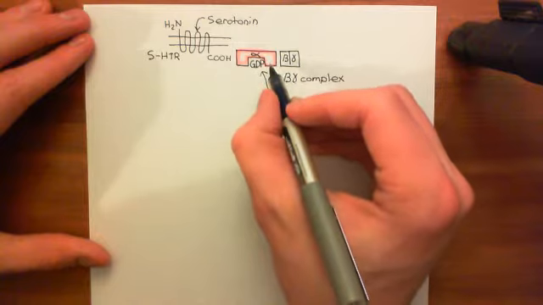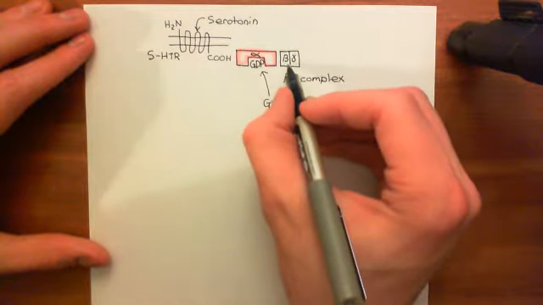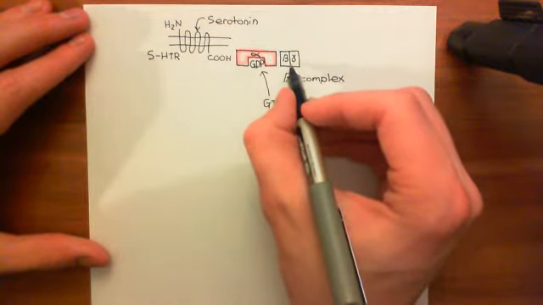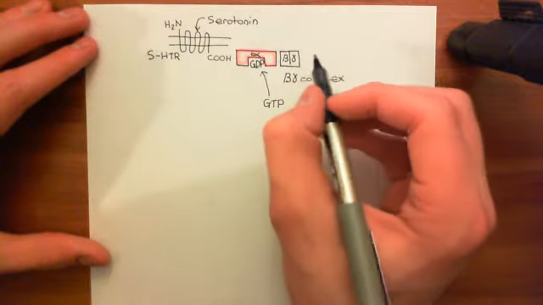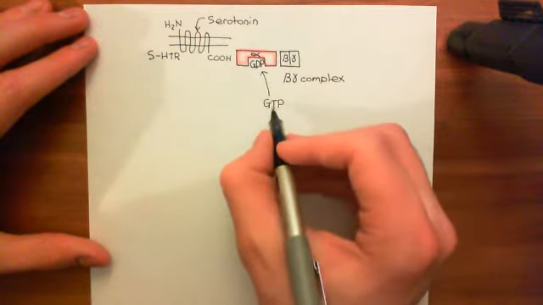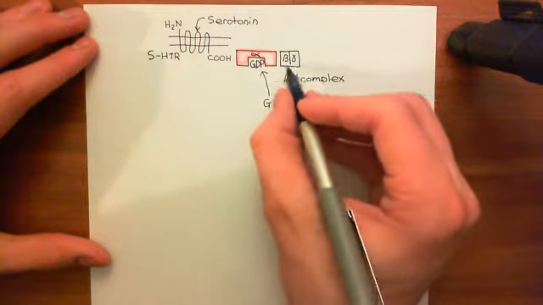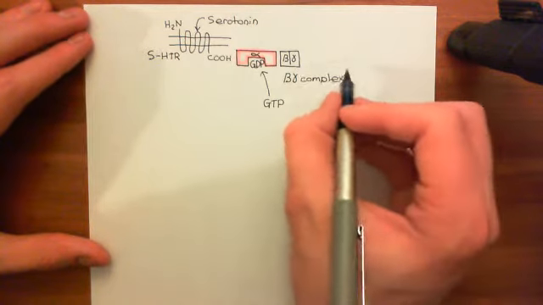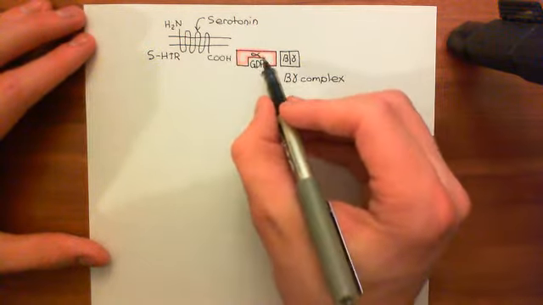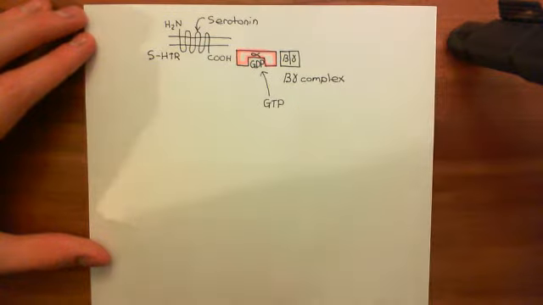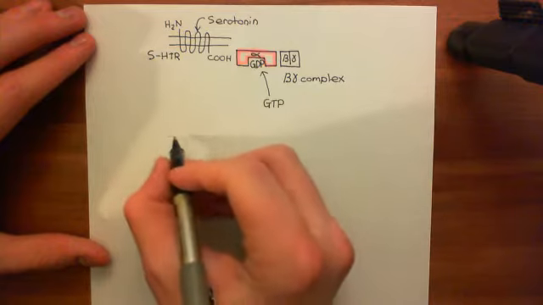And when the alpha subunit is in the on state, it no longer wants to associate with the beta gamma subunit. So the two will separate off. So you'll get this alpha subunit with GTP bound and a beta gamma subunit, which will go off. This alpha GTP subunit is then going to go and activate adenylyl cyclase enzymes.